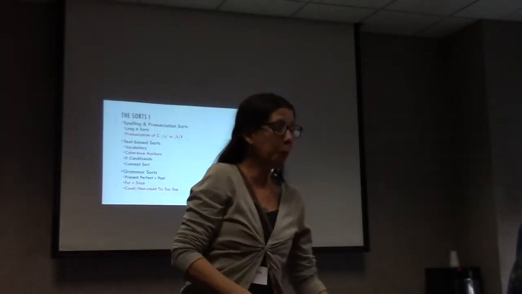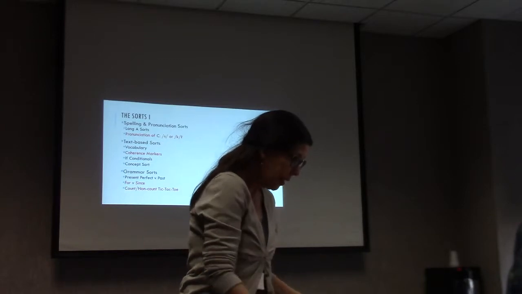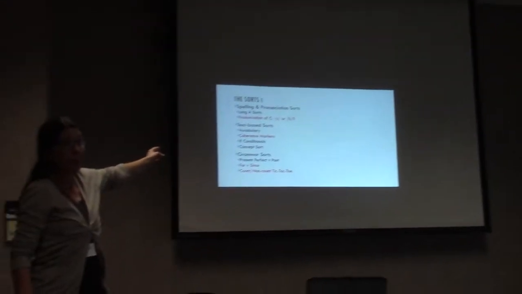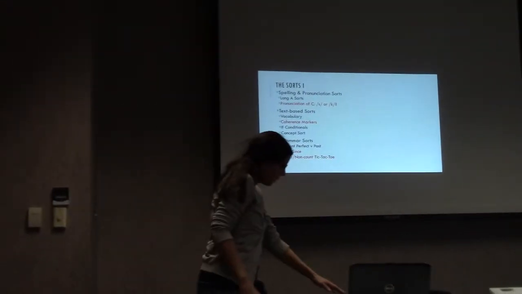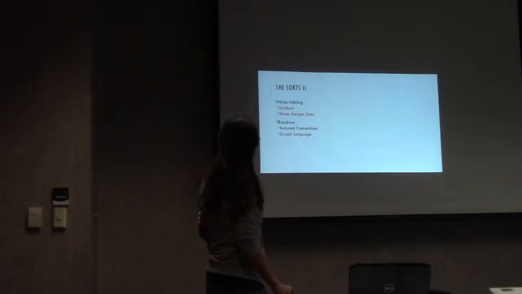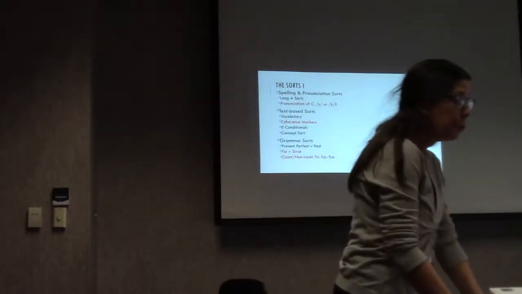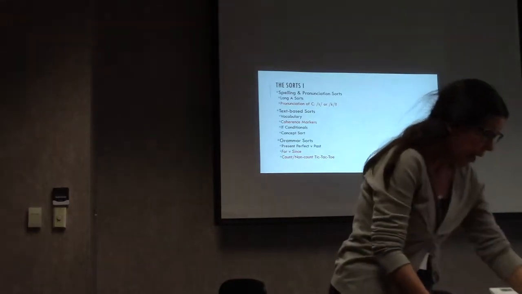Okay, so let me explain what you're going to do for the bulk of the rest of this time. The very first sort in here is the grammar game that we just played. We've got a list of the sorts up here, and there's another slide that also has the list. You can go through and decide with your partners which sorts you want to do.